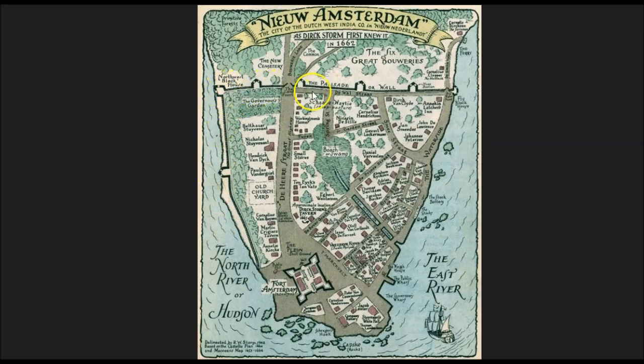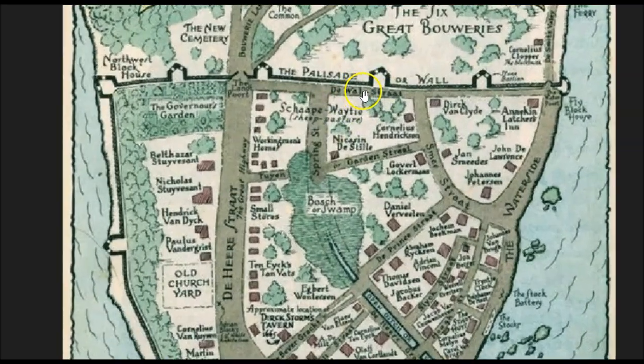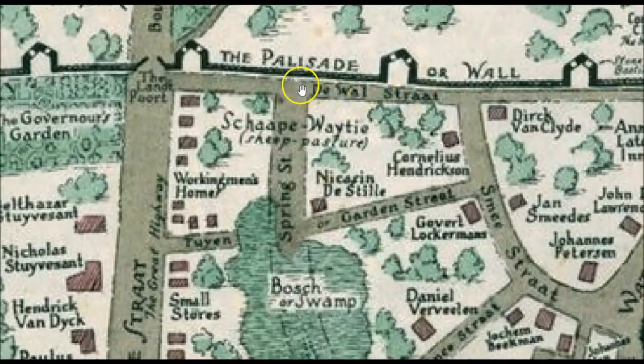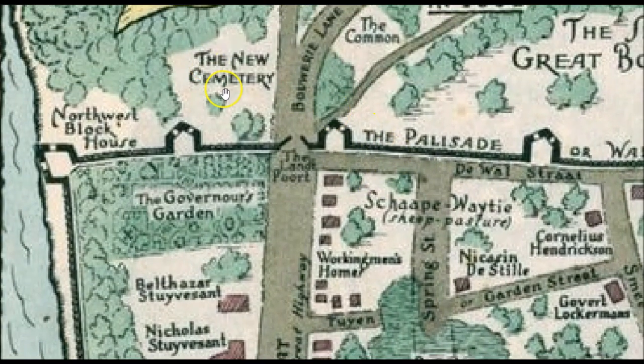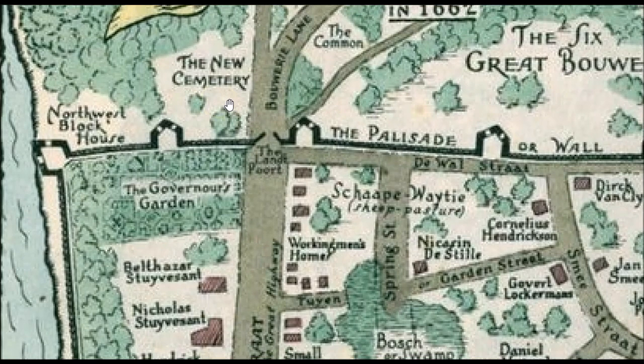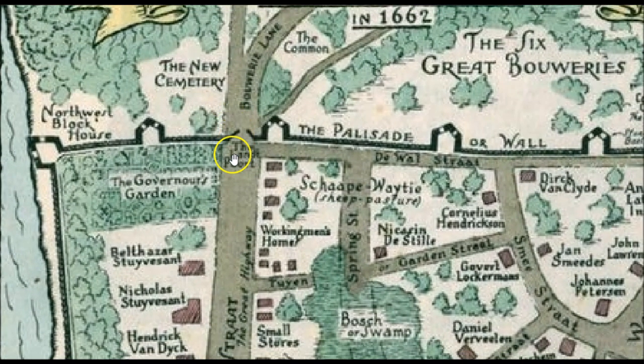And right across the island they've got a wall, and because of that, I think it was the Dutch that called this first Wall Street. And where they've got a cemetery in this map, which is at the corner of Broadway and Wall Street, this is the future site of the Trinity Church.